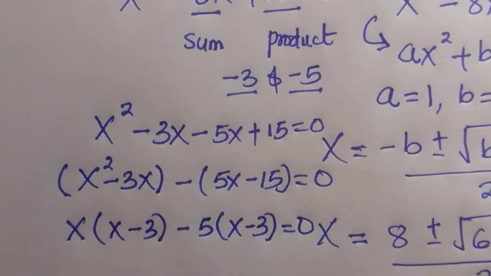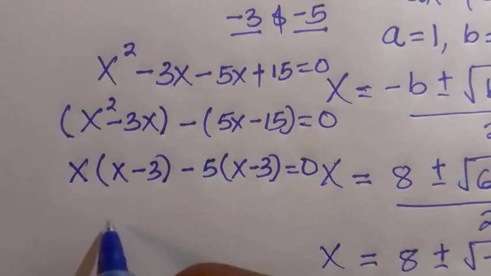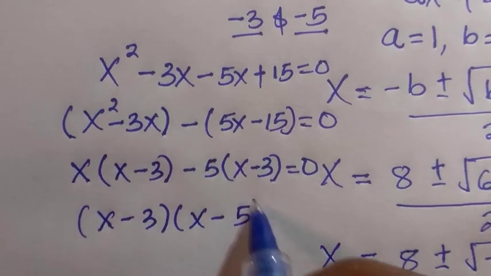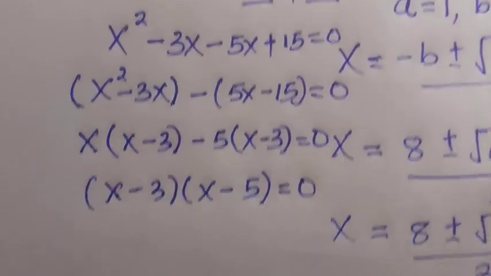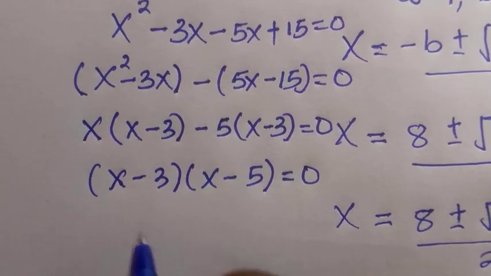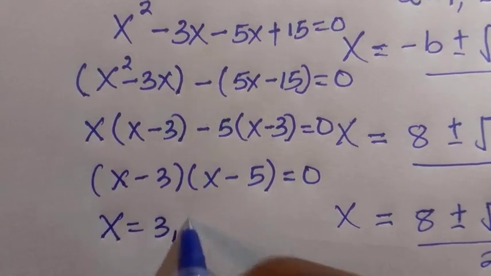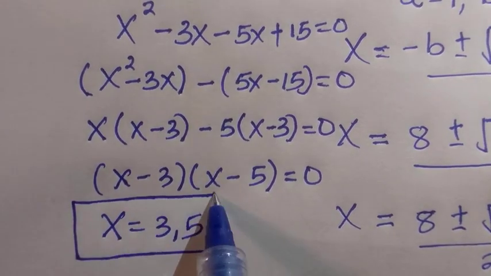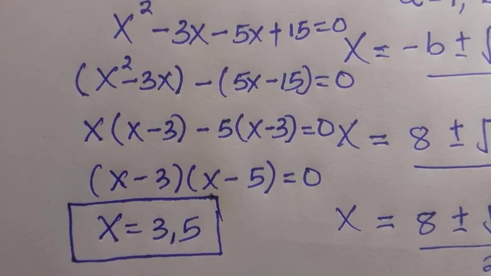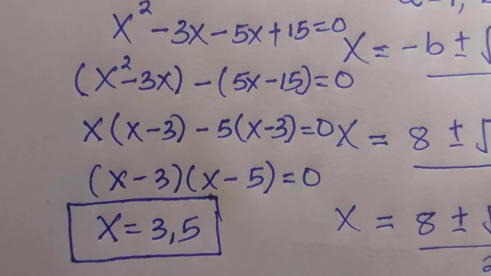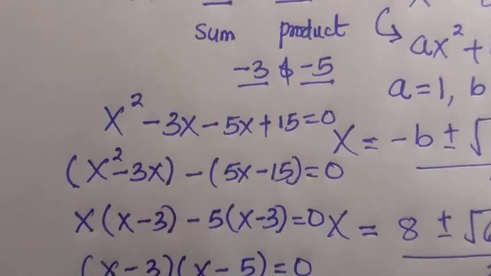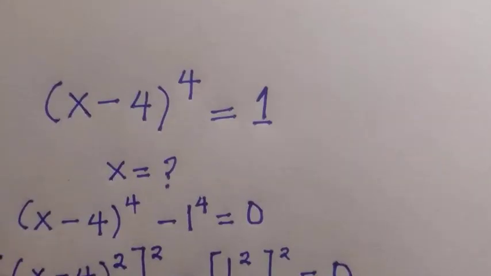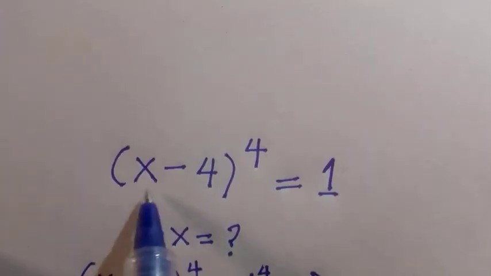Everything equals 0, so we combine them as (x − 3)(x − 5) = 0. Therefore, the values of x are 3 and 5, which are the real roots. So we got 2 real roots and 2 complex roots, which make 4 roots, as the quartic equation above was given. We are going to verify this by plugging in the values of x.